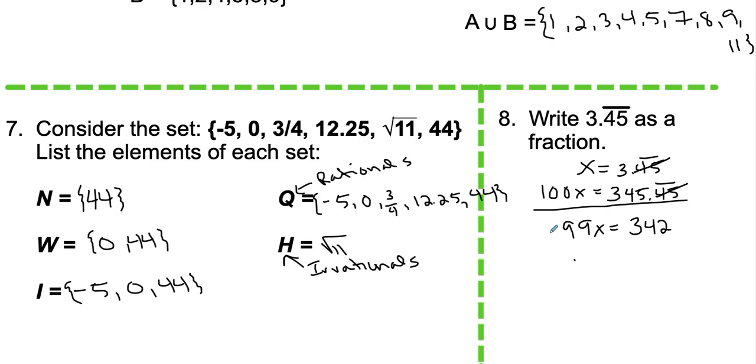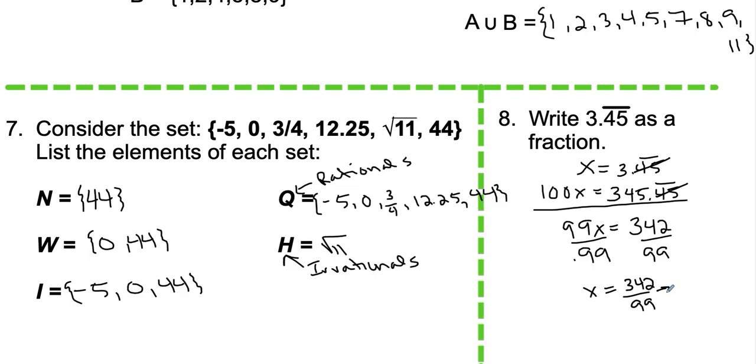Okay, and now we're pretty much to a one-step equation where we have to solve this. So we divide both sides by 99. So 342 divided by 99 is our fraction. And we want to make sure that we reduce this down.